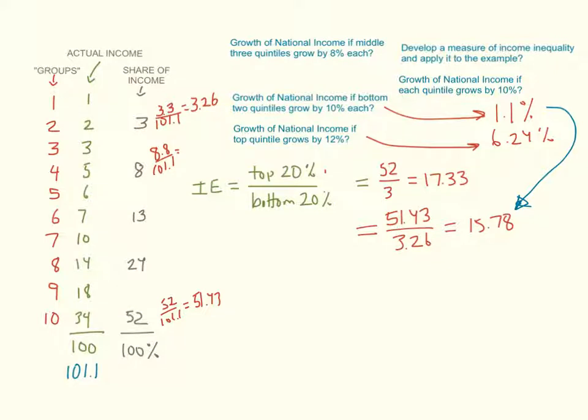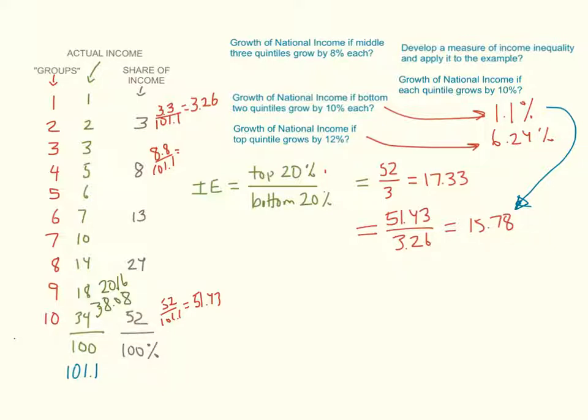So if the richest 20% grows by 12%, their new incomes are going to be, to do this one, so this guy is going to be making 20.16, and the richest person who used to make $34 is now going to be making 38.08 instead.